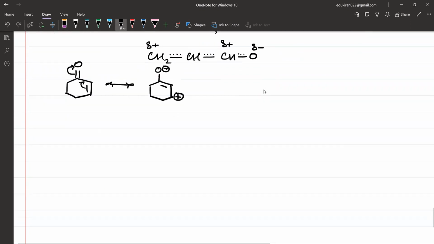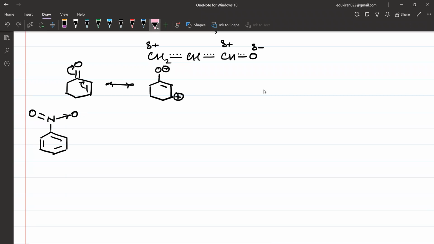Now, here we have a very interesting case with the benzene ring. Please see. NO2. If I have NO2 attached, it is going to be nitrogen, double bond oxygen, and a dative bond oxygen.